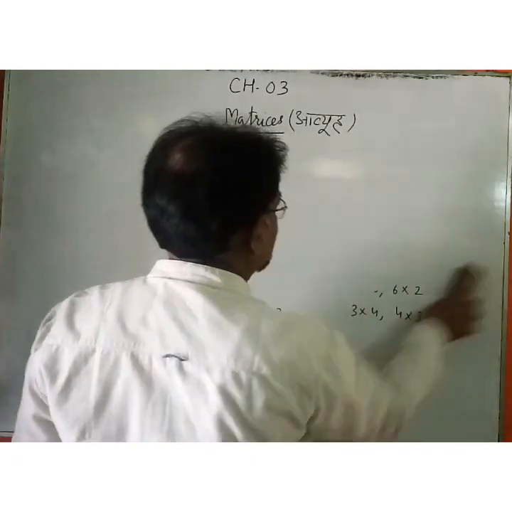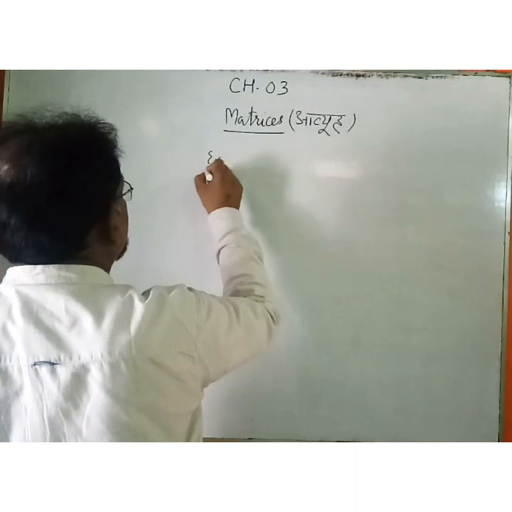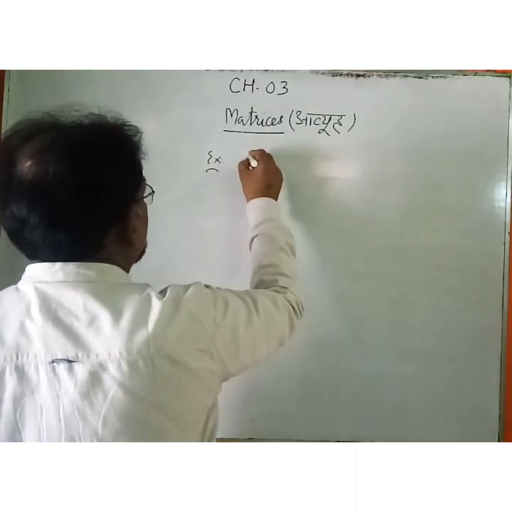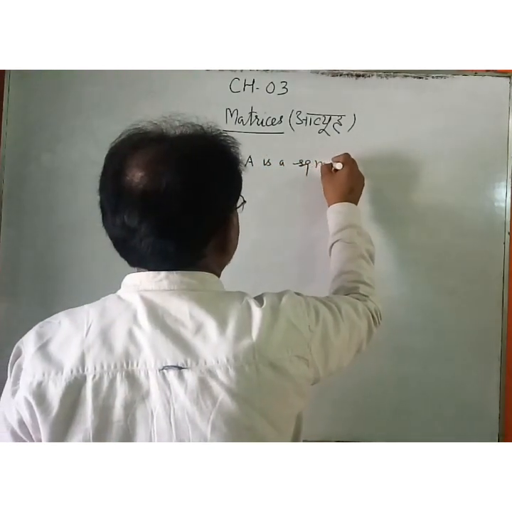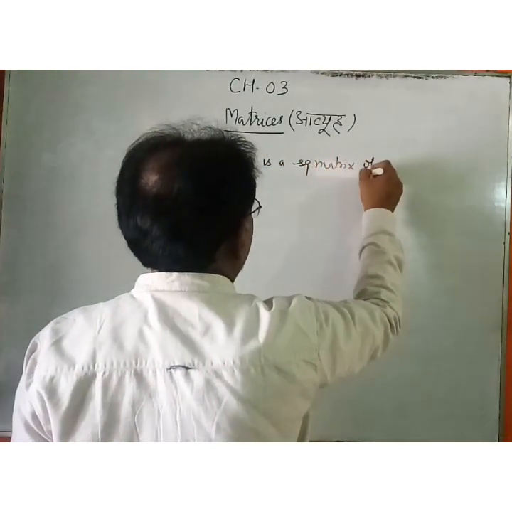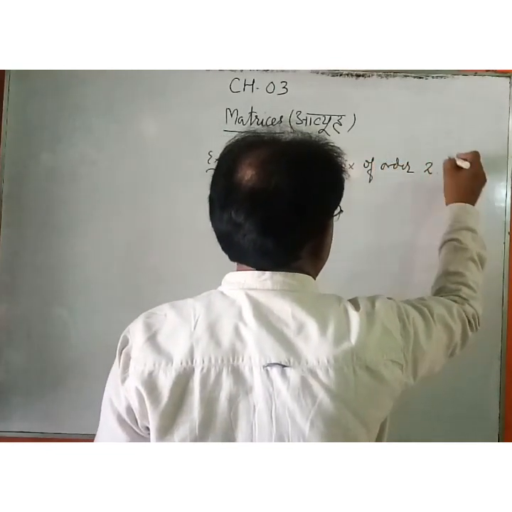Another example, let us take: A is a square matrix of order 2.